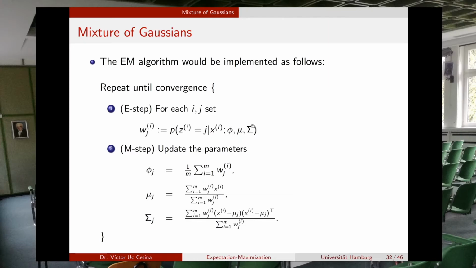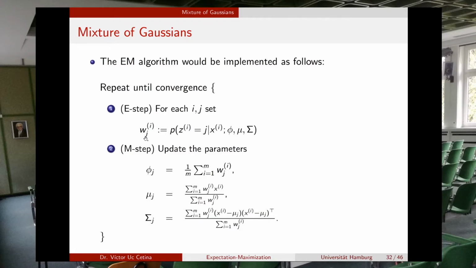So once you have initialized these parameters, you can compute the probability that each of the examples i will belong to the group j. Suppose that you are talking about 3 clusters, j will be 1, 2, and 3. So you will assign a probability to each of the examples to belong to cluster 1, another probability of this point to belong to cluster 2, and another one for cluster 3.